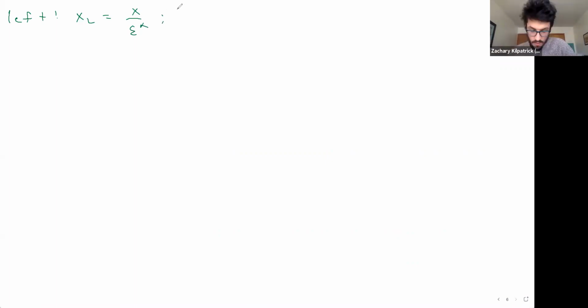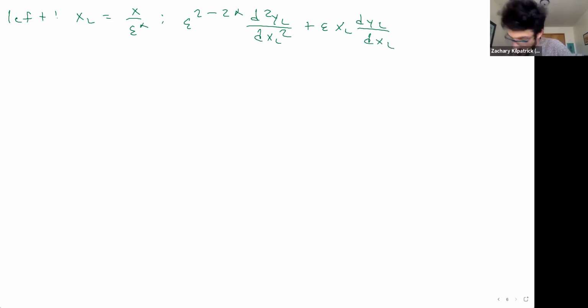So if we plug this in, we get epsilon to the 2 minus 2 alpha d2yl dxl squared plus epsilon to the 1 minus alpha xl dyl dxl minus yl, and then we have equals minus e to the minus epsilon to the alpha xl.